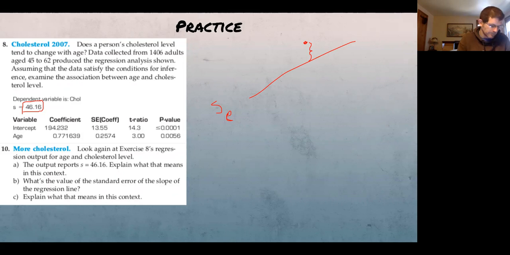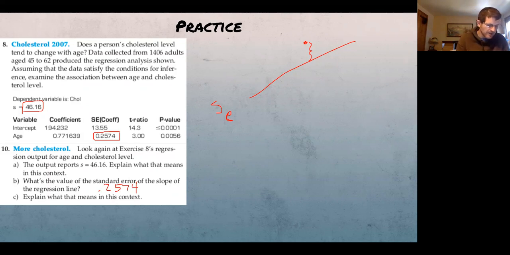All right. The next one, what's the value of the standard error of the slope of the regression line? Well, again, that's right here. The regression line, and you can see the standard error, so it's 0.2574. And explain what this means in context. If we took a lot of samples, then on average, the slope would vary by 0.26 up or down from this 0.77.